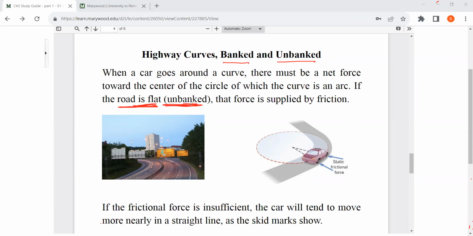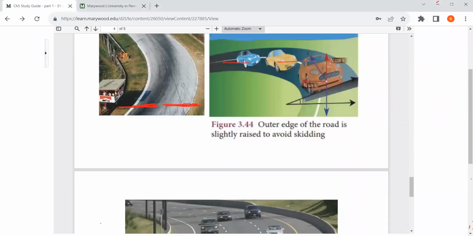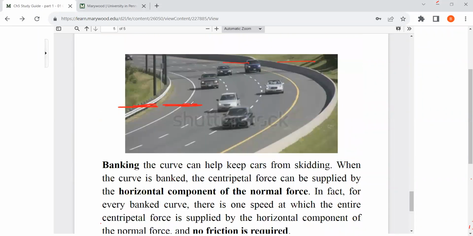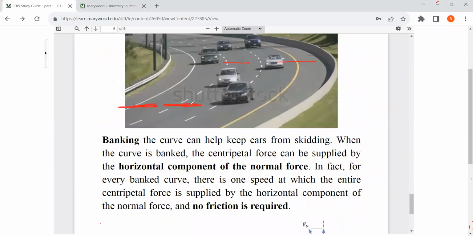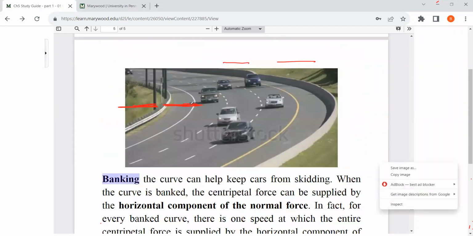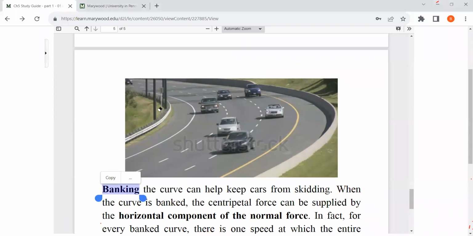And when the road is something like this, we call it banked. In a banked turn, if I make a cross section, it looks like this.